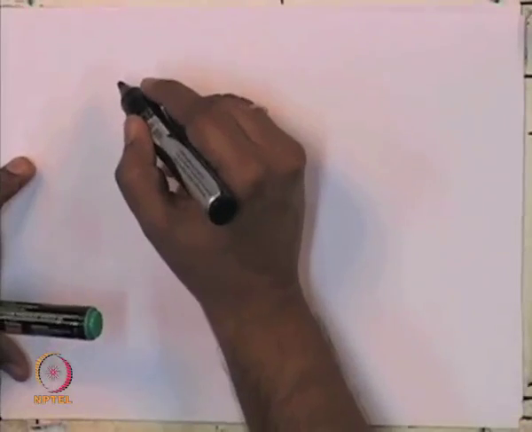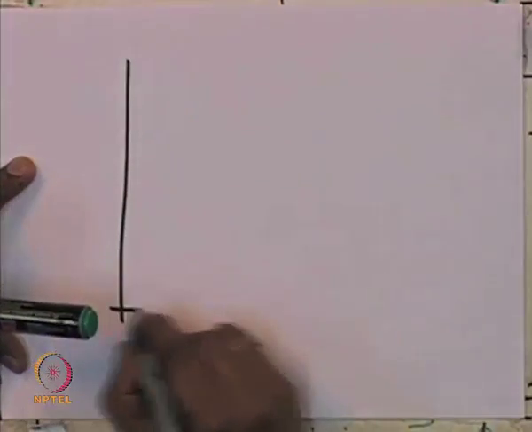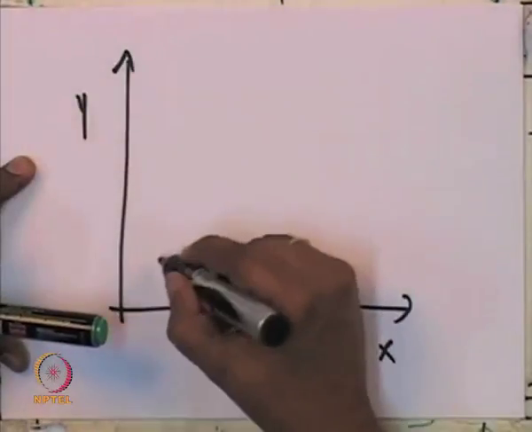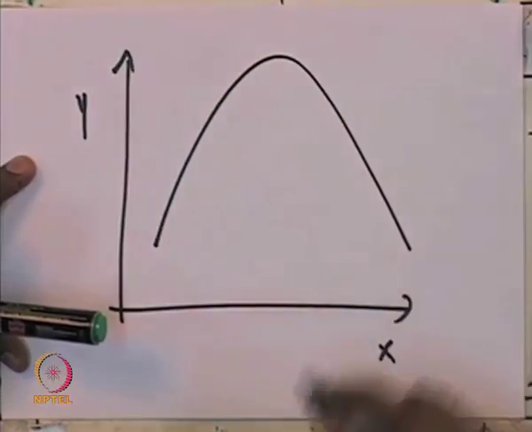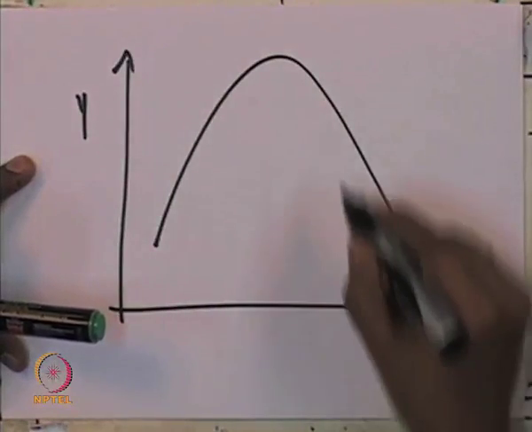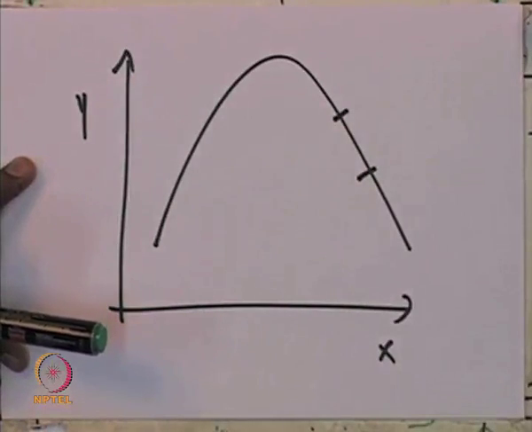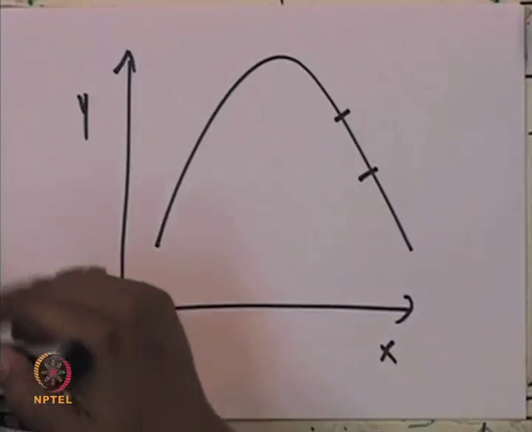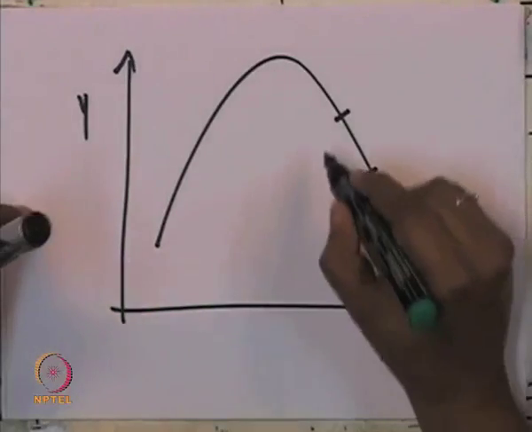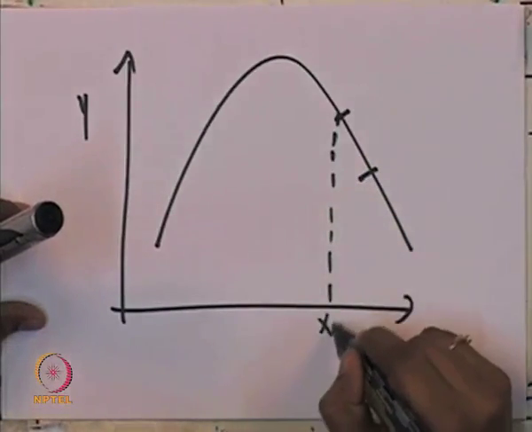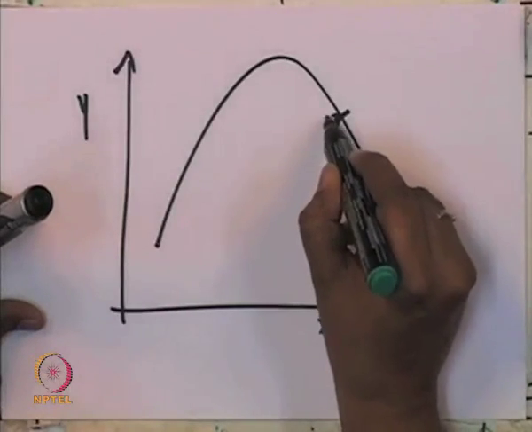So, let us again draw this. Let us draw x and y and draw this curve, and let us look at the slope here. If we just mark x 1 and x 2, this is x 1, the corresponding point is y1.